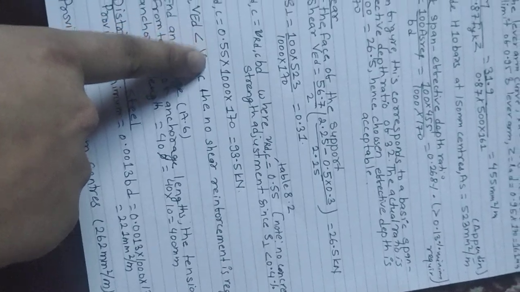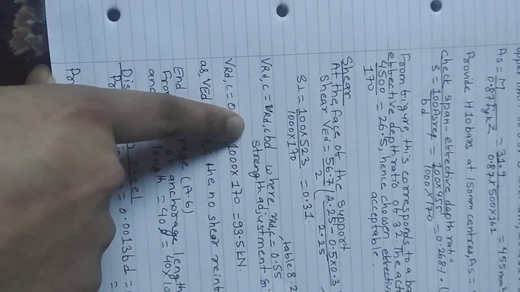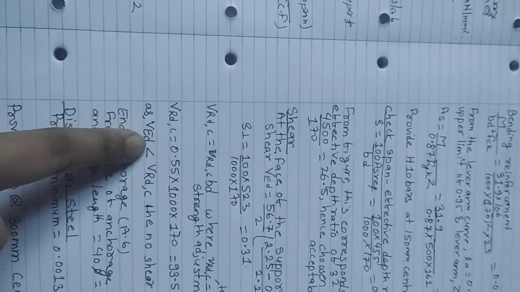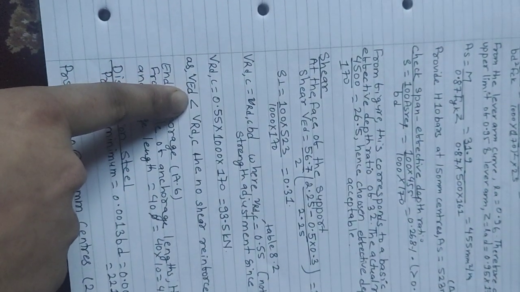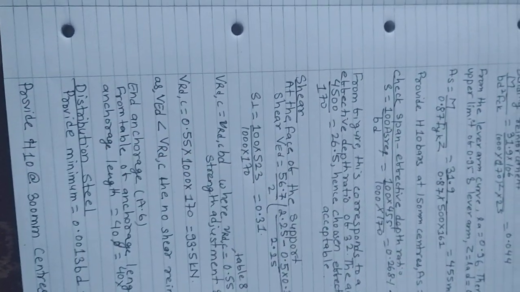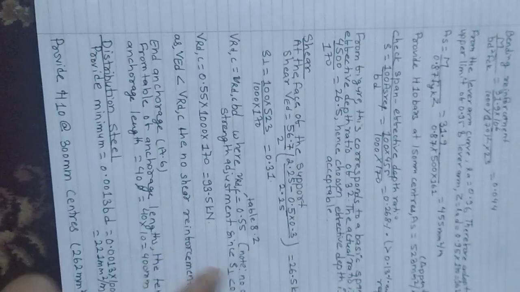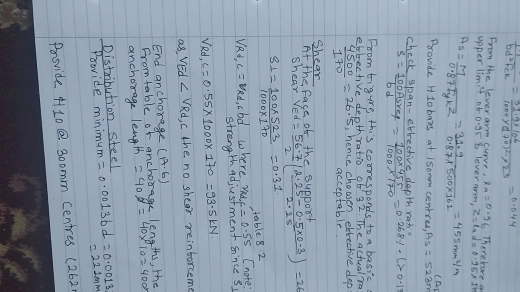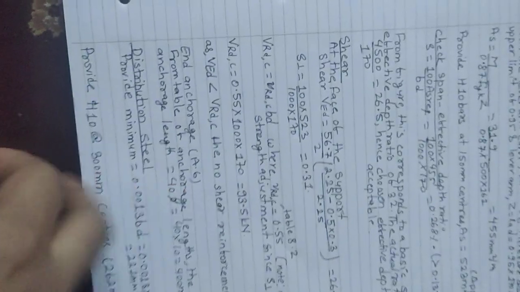And we have multiplied by this, and this is the shear resistance, 93.6 kN. The calculated shear resistance of the slab is greater than the force to be resisted, so no shear reinforcement is required because all the shear is resisted by the concrete.